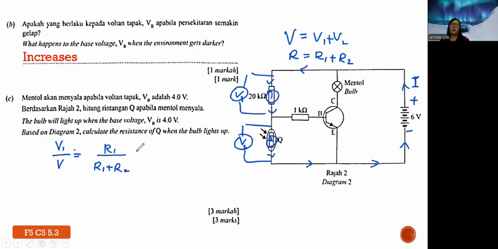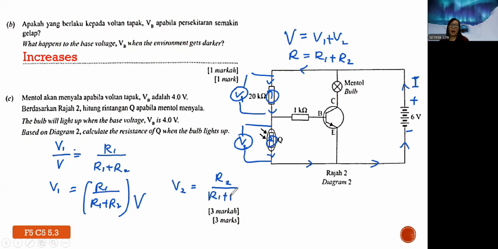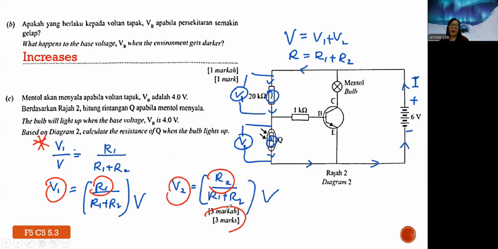Hence V1 equals R1 over total R, the whole thing times V. If I want to use V2, then the equation will be V2 equals R2 over R1 plus R2, the whole thing times V. So generally, if this is V1, then this is R1. If this is V2, then this is R2. This equation is important, in the sense that you can use it to calculate, you see, 3 marks.